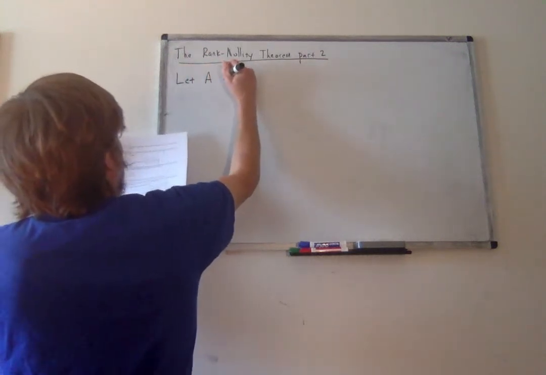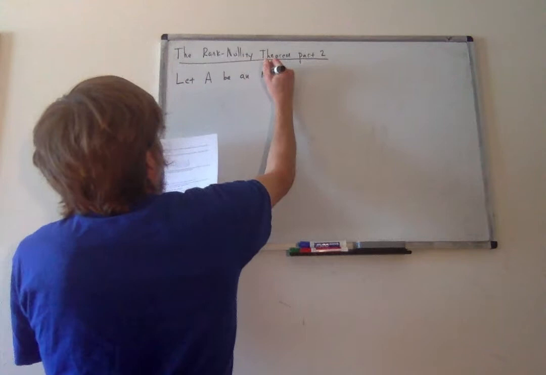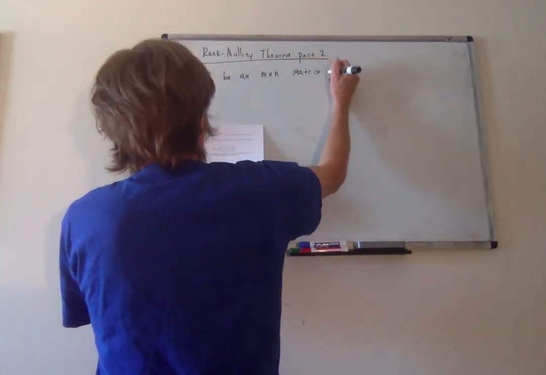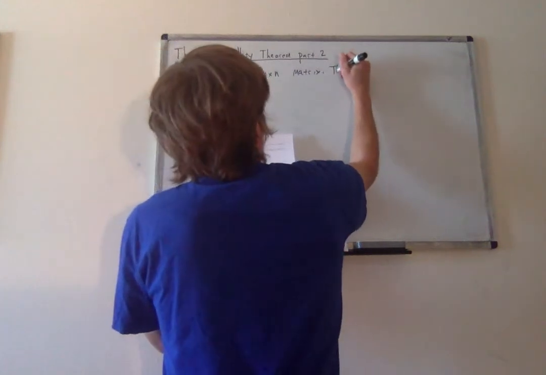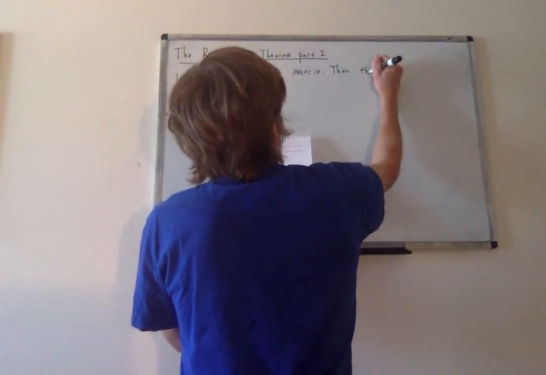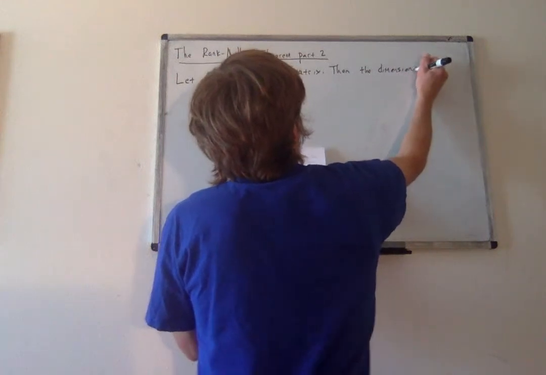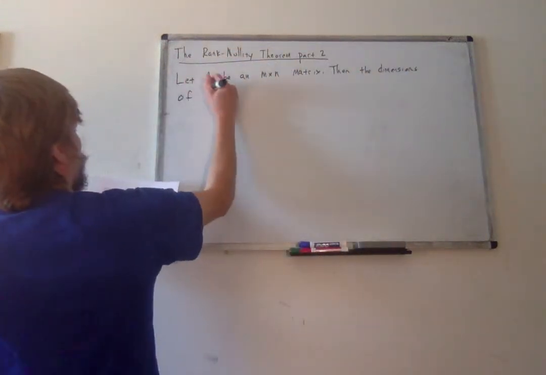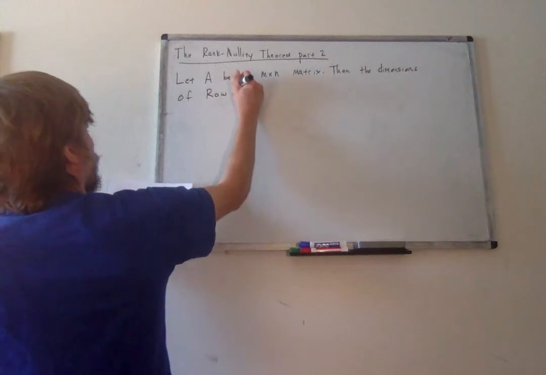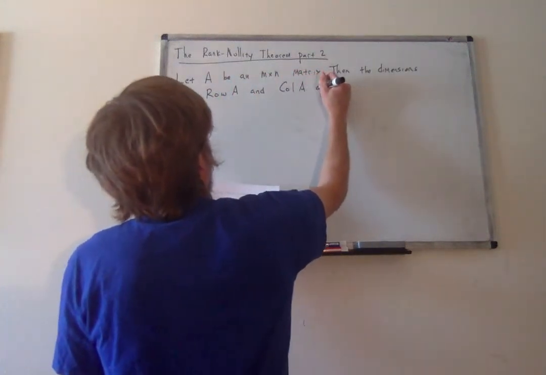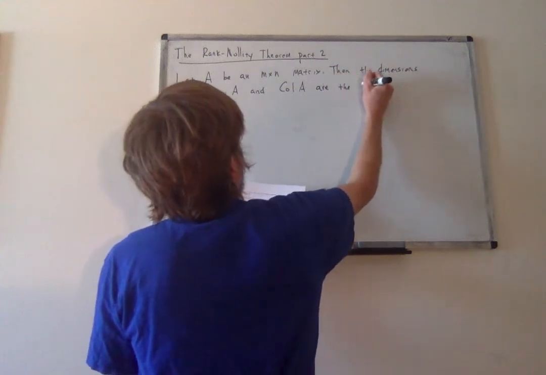So we'll let A be an m by n matrix. Then the dimensions of the row space of A and the column space of A are the same.